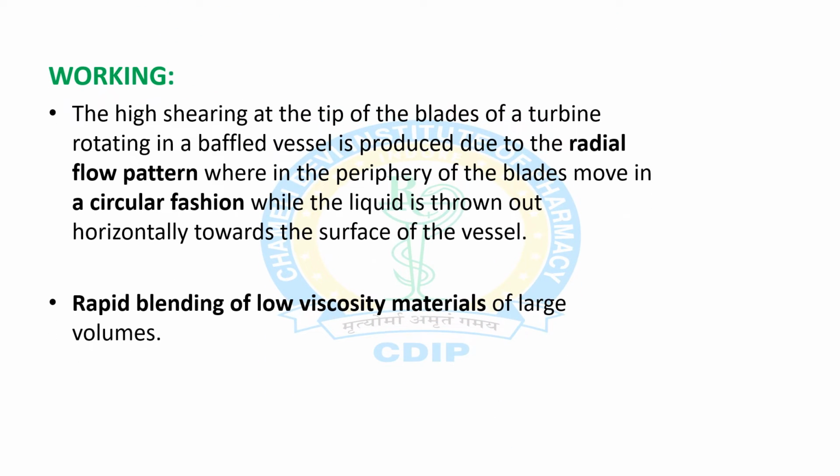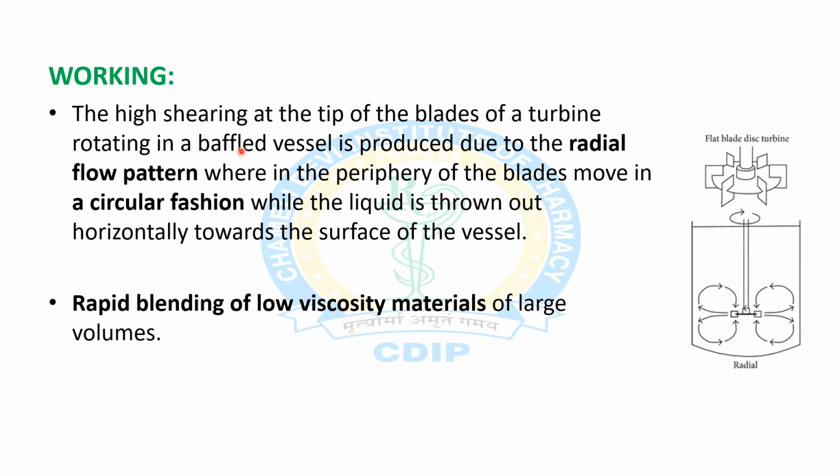Now let's see the working of the turbine mixer. Here the high shear force at the tip of the blades of a turbine rotating in a baffled vessel is produced due to radial flow pattern, and the periphery of the blades moves in a circular fashion, which will throw the liquid horizontally towards the surface of the vessel.